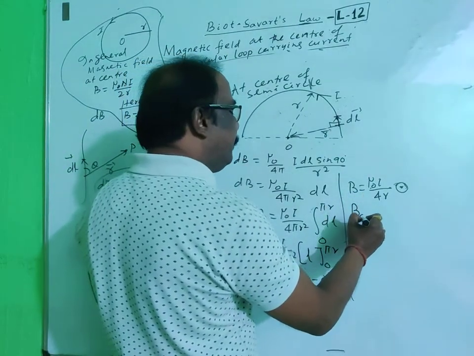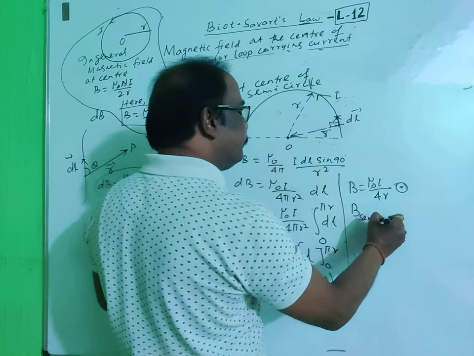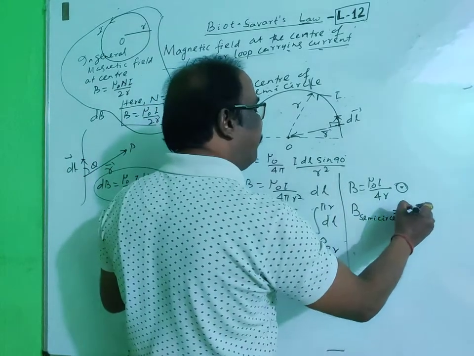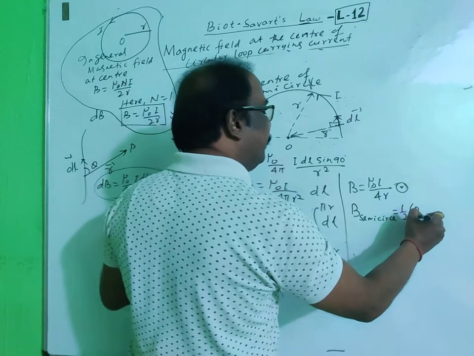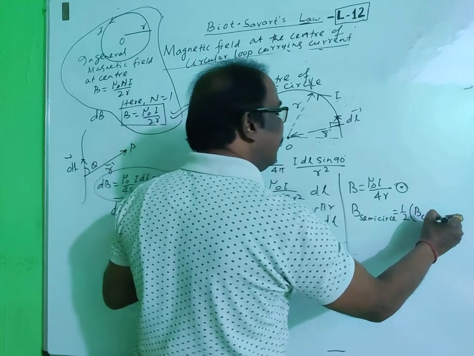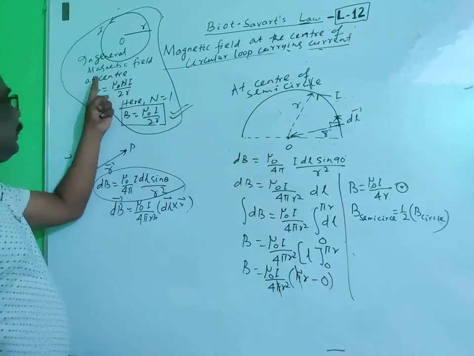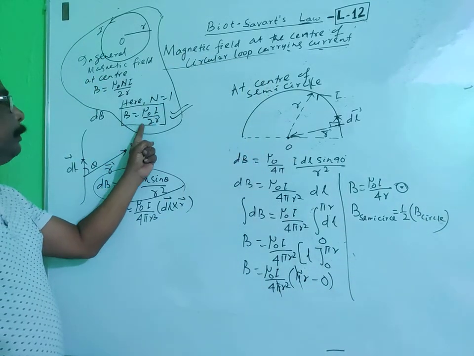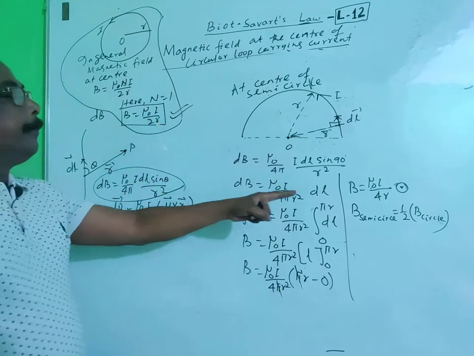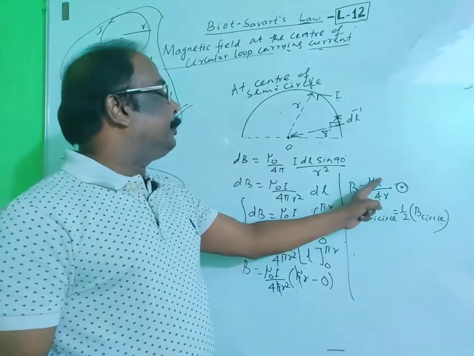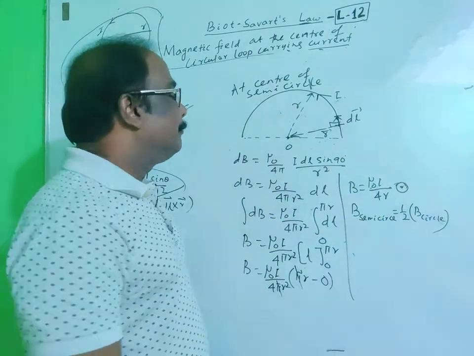So the magnetic field due to a semicircle is half the magnetic field due to a circular coil. Mu 0 by 2r into 1 by 2 is equal to mu 0 by 4r.